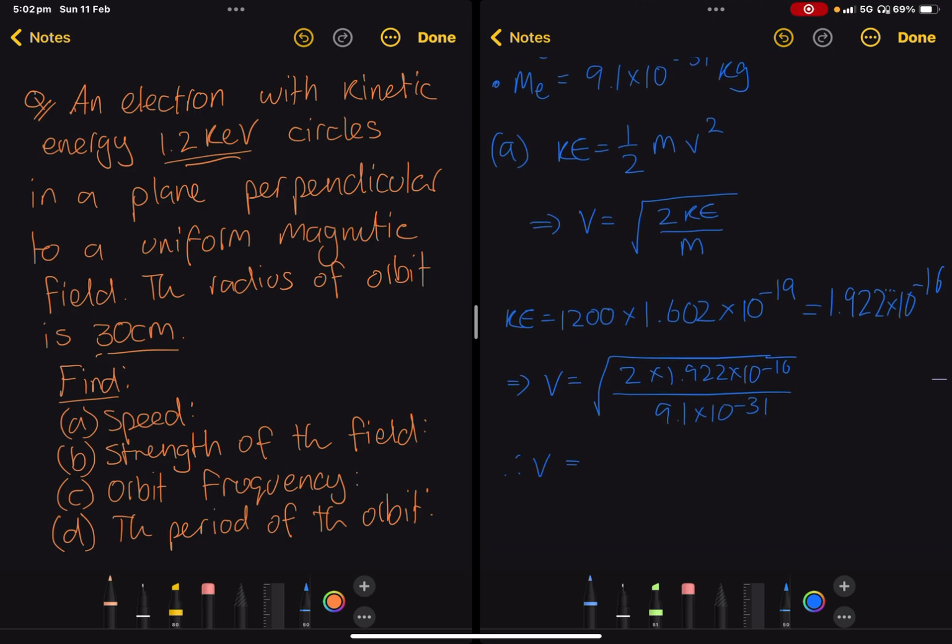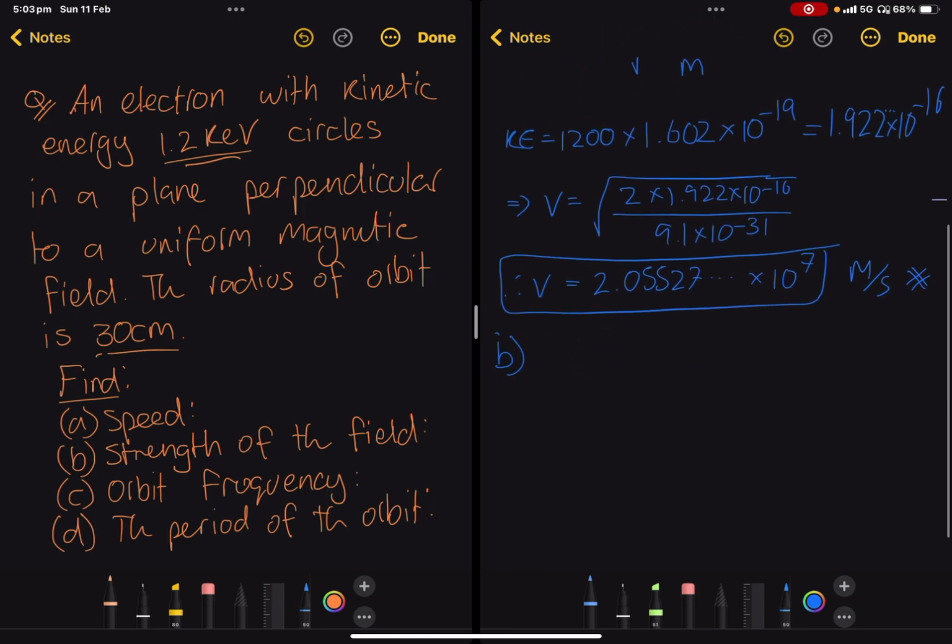So then we put this in our calculator, and this gives me something along the lines of 2.05527 times 10 to the 7. This is a velocity, so this is going to be in meters per second. So this is the value that we're after for this first question.